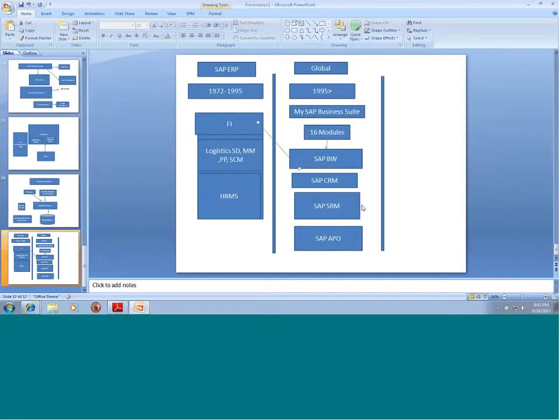Similarly, there is product lifecycle management, HCM. HRMS was converted into an advanced system called SAP HCM, which is human capital management. This is how the advanced versions of SAP modules were created in the late 1990s, around 1995 to 1998.